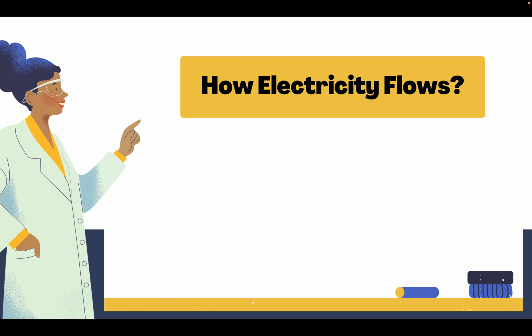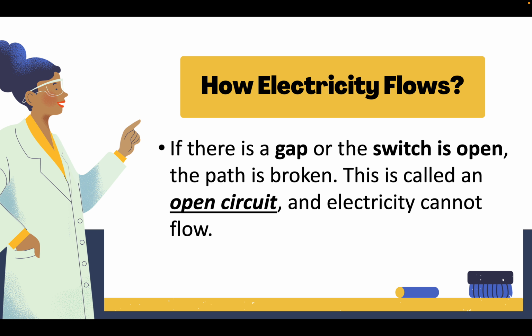But what happens if the wire is broken or if the switch is turned off? Now the path is incomplete. There's a gap. This is what we call an open circuit. Since the path is broken, of course, electricity cannot flow and the bulb stays off.